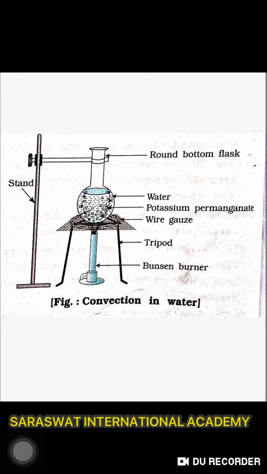Then, how does heat transfer take place in these substances? Let us find out by doing this activity. For this, take a round bottom glass flask. Fill it 2/3 with water. Place it on a tripod or make some arrangement to place the flask in such a way that you can heat it by placing a candle below it.